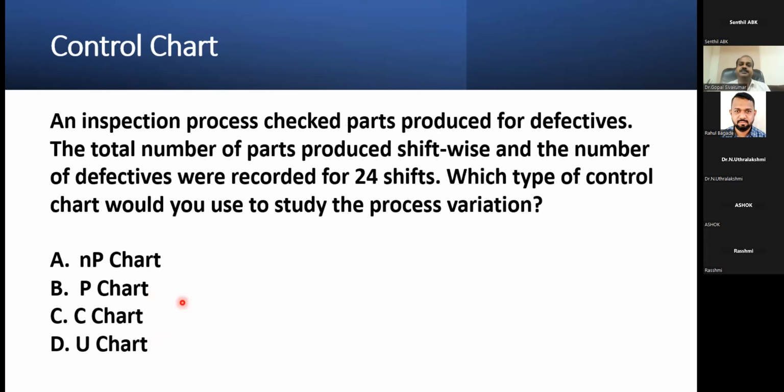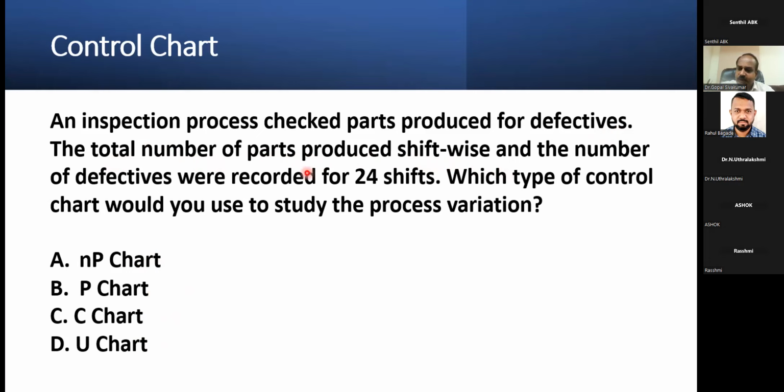Now, another situation. An inspection process checked parts produced for defectives. What are they monitoring, defects or defectives? Defectives. So C and U are not applicable. The choice is P and NP. How to figure out P and NP? Depending on sample size. The total number of parts produced shift-wise and the number of defectives were recorded.